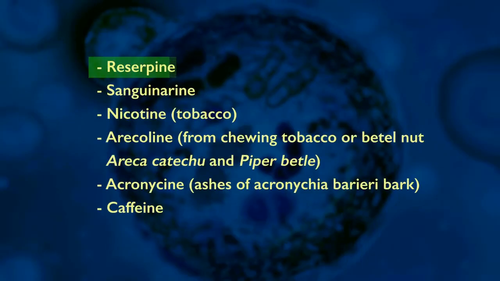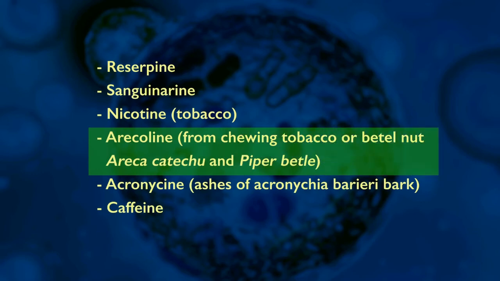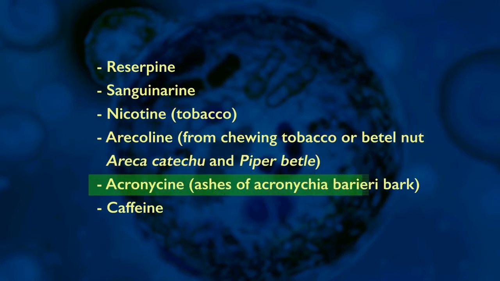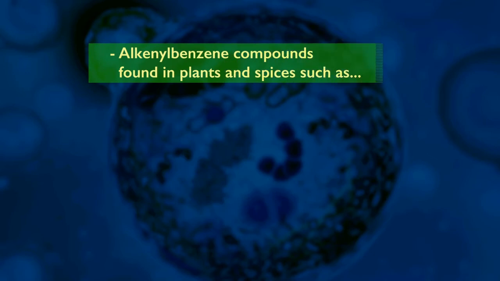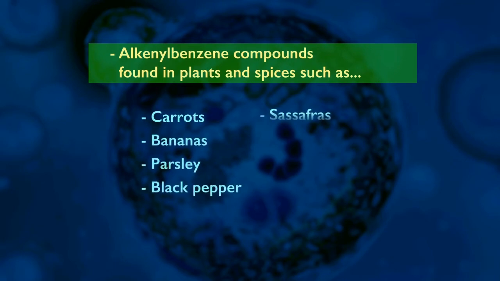Pyrrolizidine alkaloids were the first plant products proved to be carcinogenic, and some other examples of carcinogenic or co-carcinogenic plant factors include reserpine, sanguinarine, nicotine which is present in tobacco, arecoline from chewing tobacco or betel nut, that is Areca catechu and Piper betle, then aristolochic acid, caffeine, and alkenyl benzene compounds found in plants and spices such as carrots, banana, parsley, black pepper, sassafras, clove and anise, which induce cancer at various locations in small rodents.